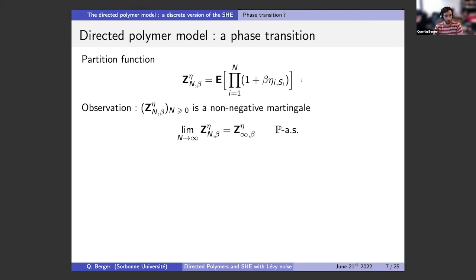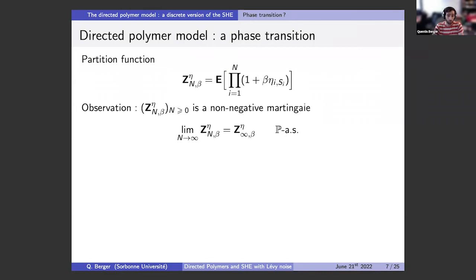If you're not used to martingales, it's a sequence of random variables, and you can show that this sequence converges almost surely to some limit. That's the result of working with martingales.